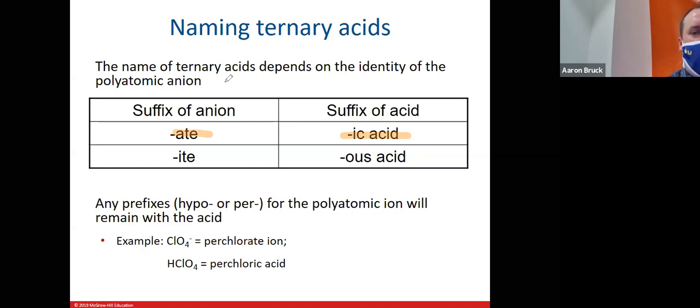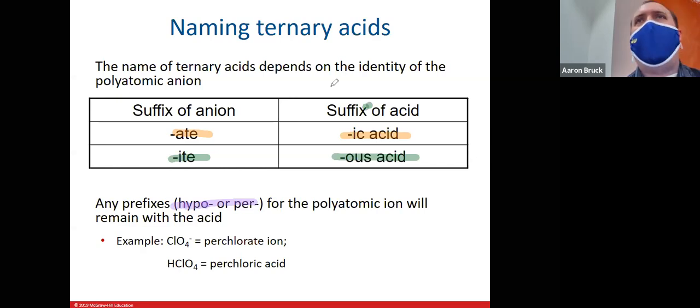If we end in -ite, the name of the acid changes to -ous acid. So -ate turns into -ic, -ite turns into -ous. If there are any prefixes attached, like hypo or per, they just tag along.